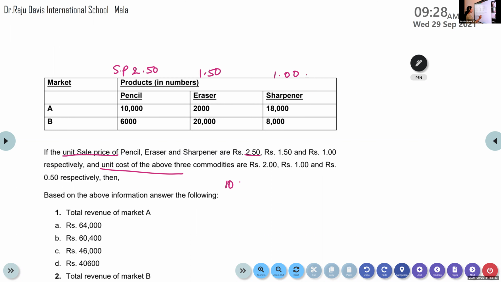Total revenue will be 10,000 into 2.50 plus 2,000 into 1.50 plus 18,000 into 1. Calculate it and give the answer. This is how we have to calculate the revenue. For 1 unit it is 2.50, therefore for 10,000 units, like that we have to find out for all and add up. When you add up, you'll get the total selling price.